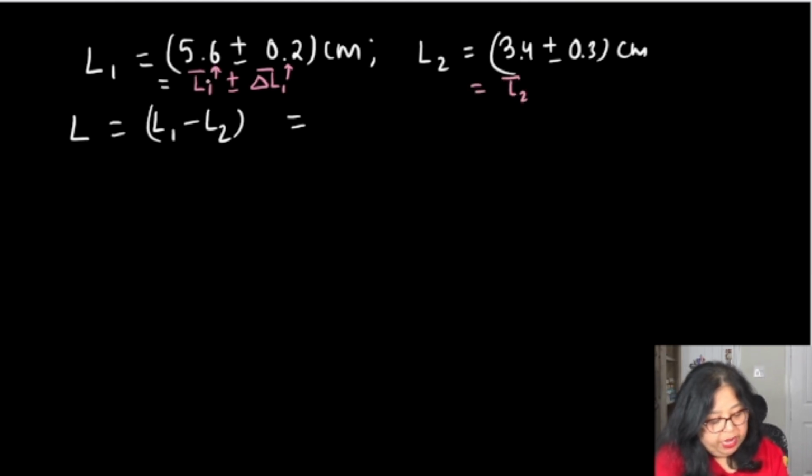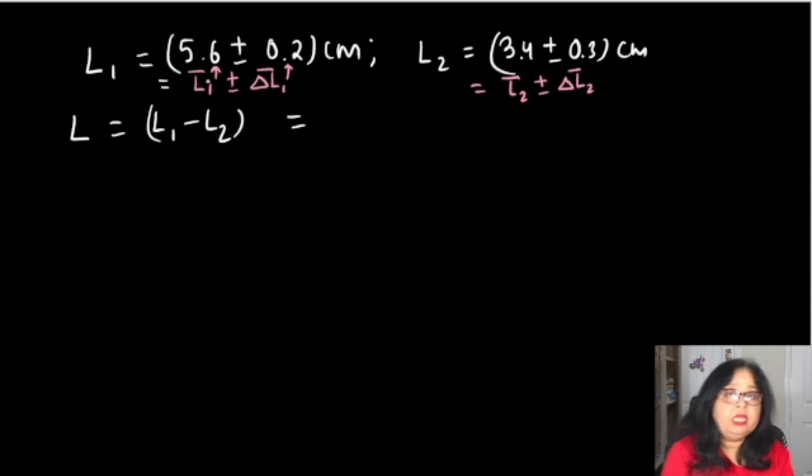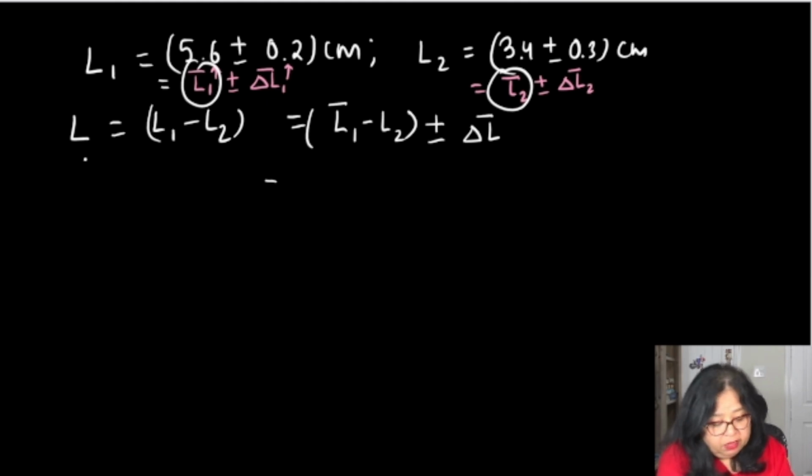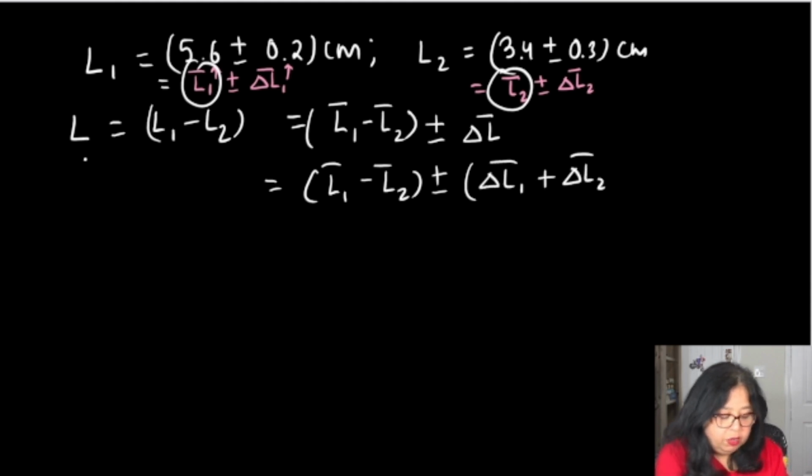L2 is L2 bar, where L2 bar is 3.4 plus minus delta L2 bar, where delta L2 bar is 0.3. So when we calculate L, which is L1 minus L2, is equal to L1 bar minus L2 bar, these values, plus minus delta L bar, correct? And this delta L bar will be equal to nothing but delta L1 bar plus delta L2 bar.